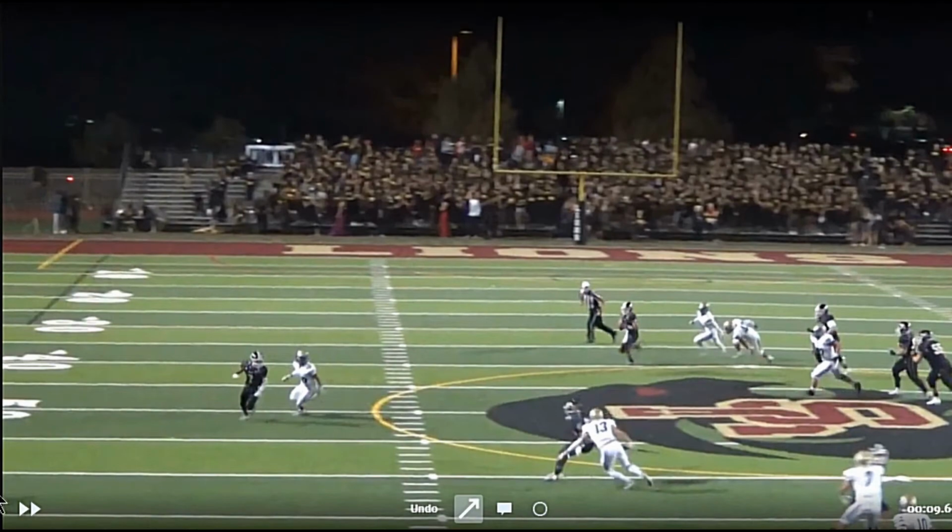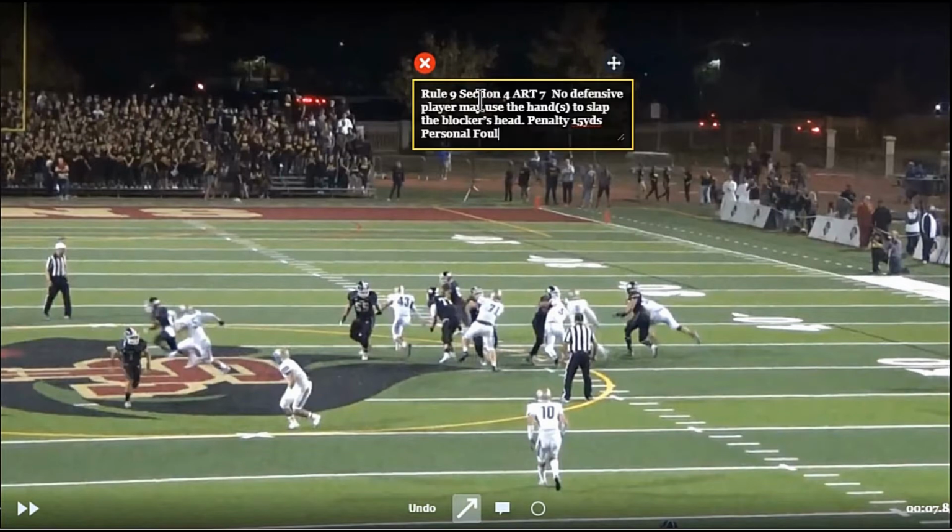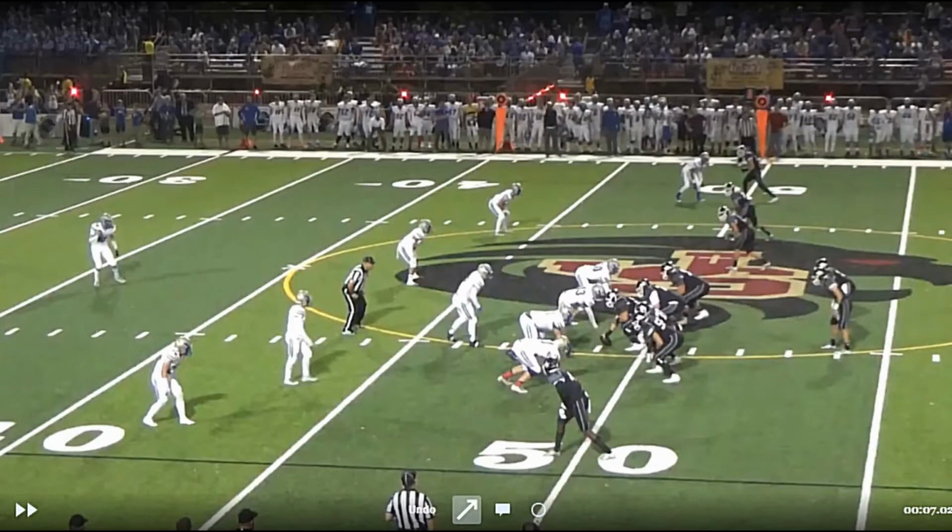I go in and do a Google search, put in NFHS head slap and find a rule. I'm like, oh great, this is it. Rule 9-4-7: No defensive player may use the hands to slap the blocker's head. Penalty: 15 yards, personal foul. Defensive player. This is an offensive player, so I can't use this. What do I do now? Without that rule reference, I'm thinking illegal blocking technique, illegal use of hands.